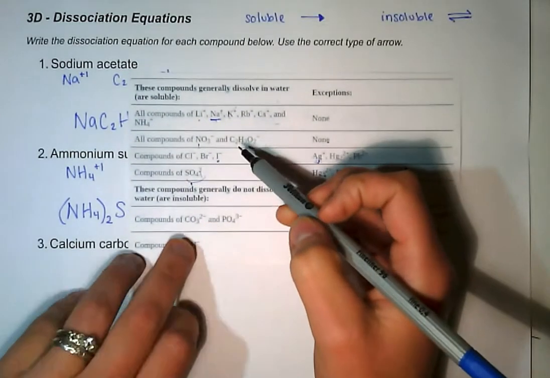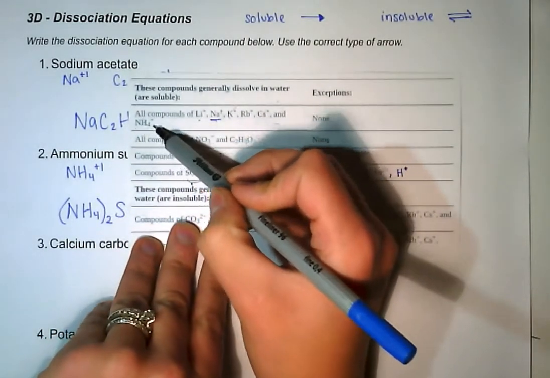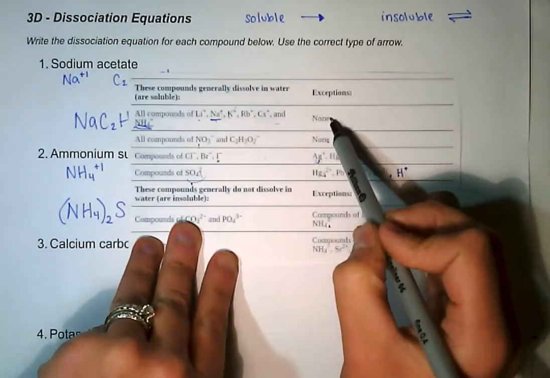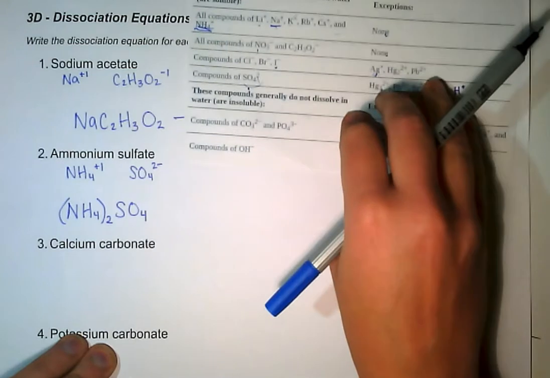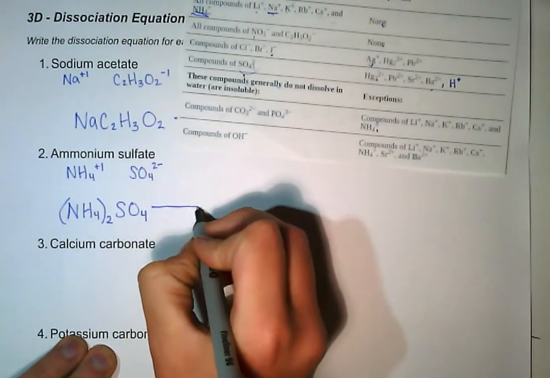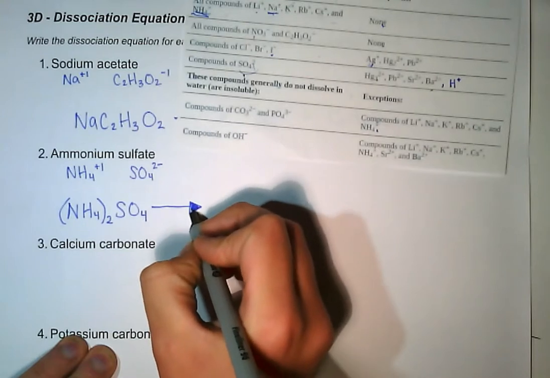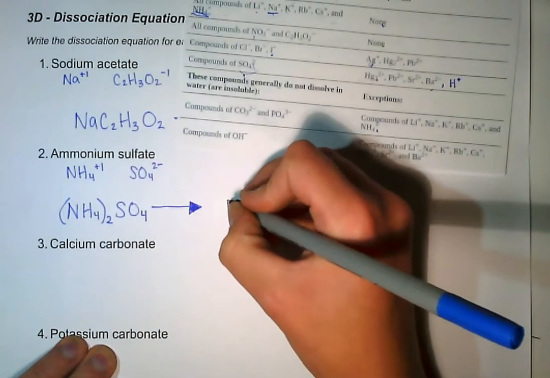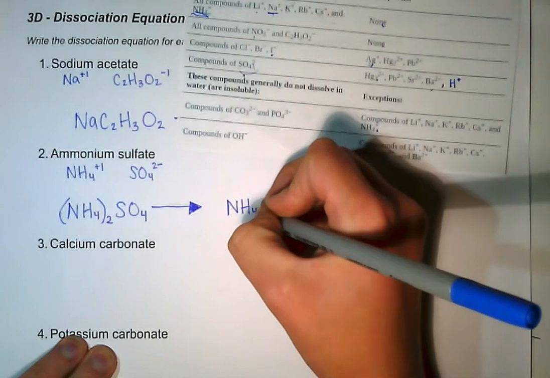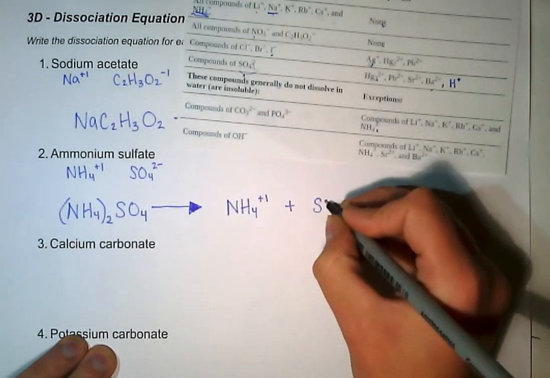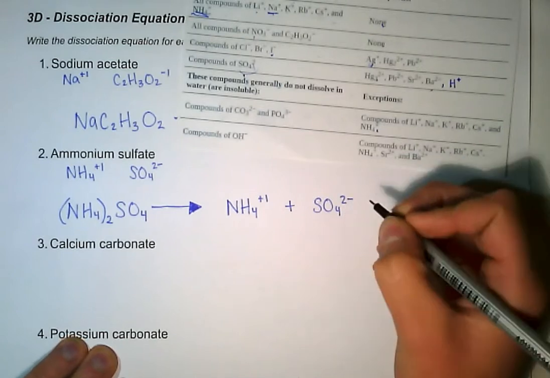Looking at our rules, I see NH4 up here in this first rule, and it says that this compound does dissolve. There are no exceptions, so we know this will fully dissolve, so we're going to put a single-sided arrow here. When this breaks up, it's going to break up into NH4 with a +1 charge and SO4 with a 2- charge.